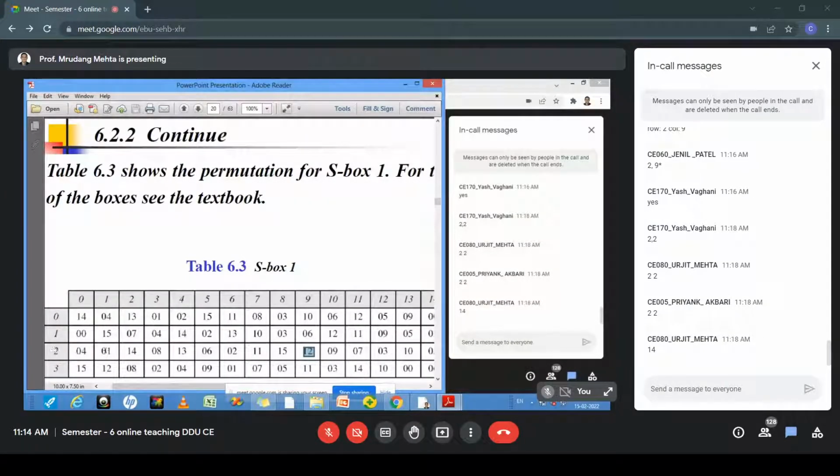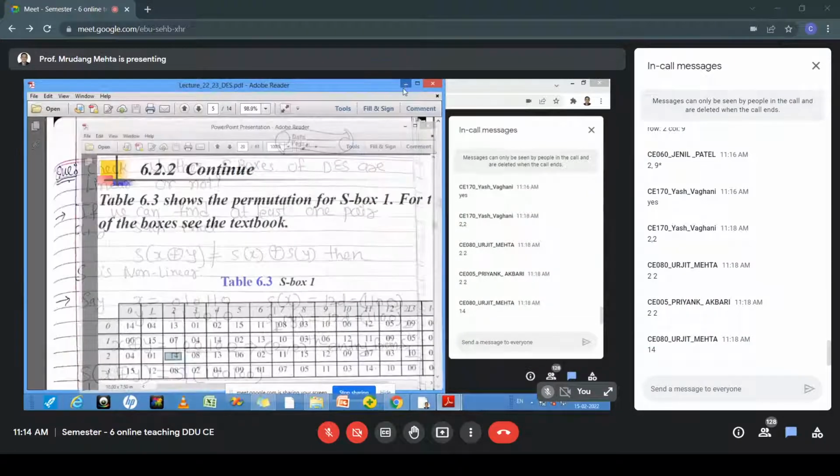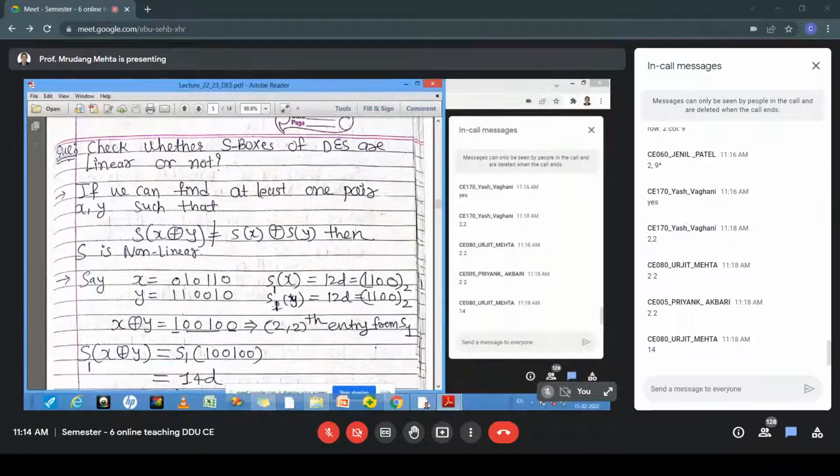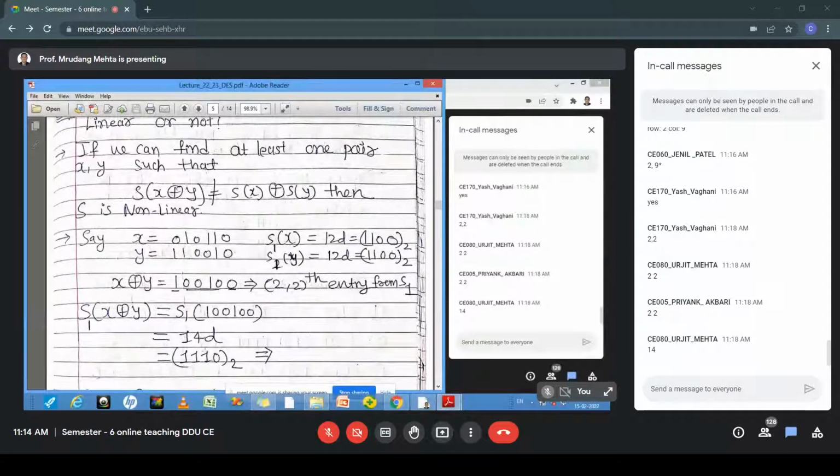Row number 2, column number 2, and its value is 14, right? Okay. So 14 in decimal is equivalent to 1110, right? 8, 4, 2. 8 plus 4, 12 plus 2, 14, right? So 14 decimal is 1110 in binary.